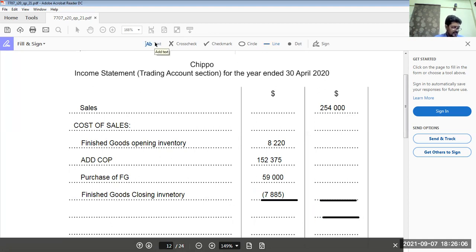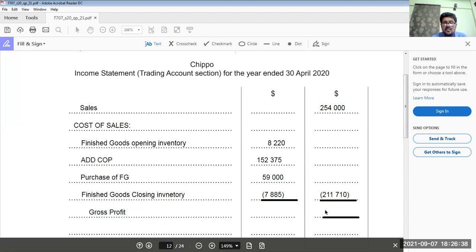Now cost of sales: 8,220 plus 152,375 plus 59,000 minus 7,885 gives 211,710. Done. And we'll get here gross profit.